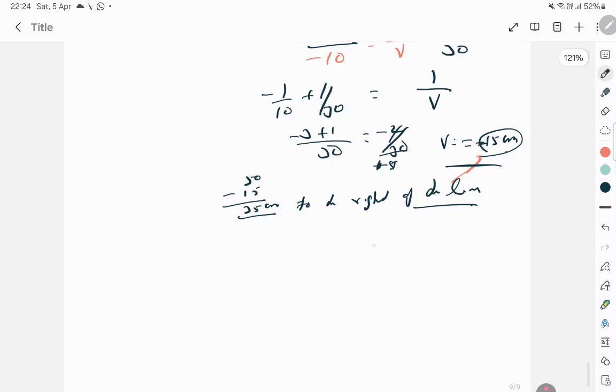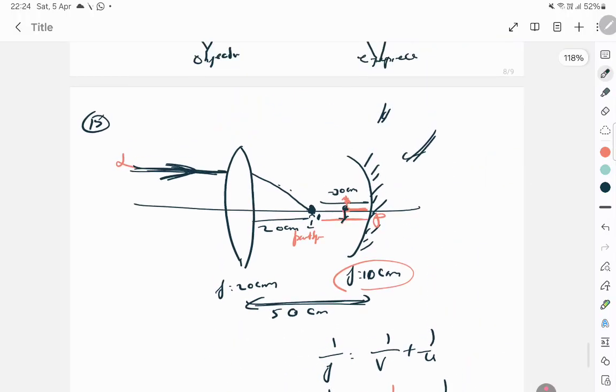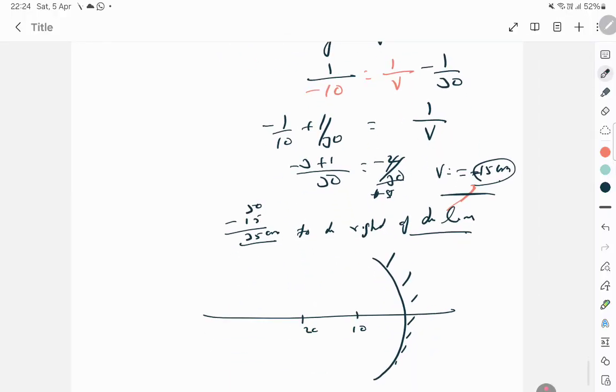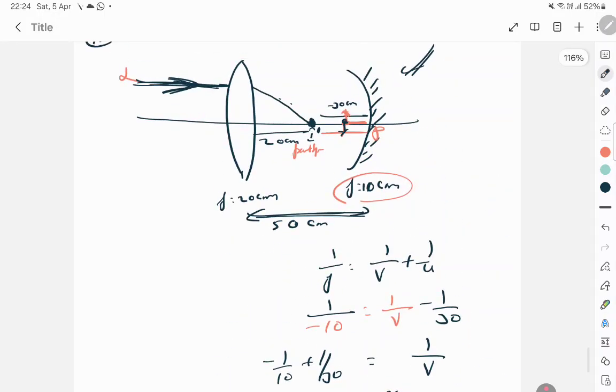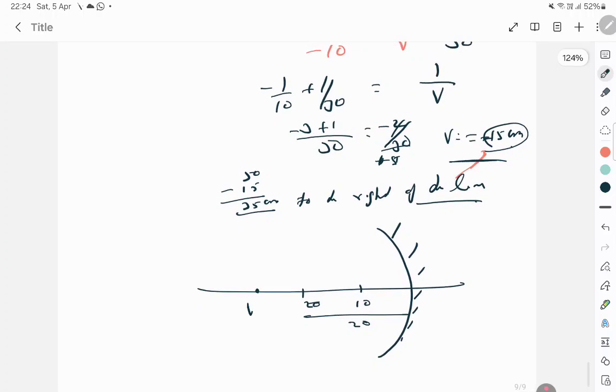For the concave mirror, the focal length is 10 centimeter. So this is 10 and this distance is 20, and it is formed in such a way that the virtual object I dash is at a distance of 30 centimeter, which is beyond C. This is your curvature and this is the focal length.